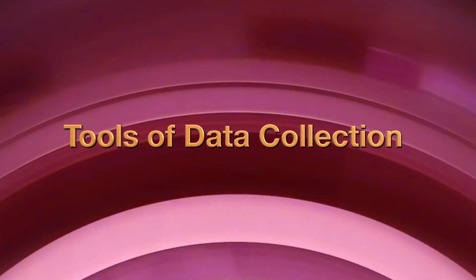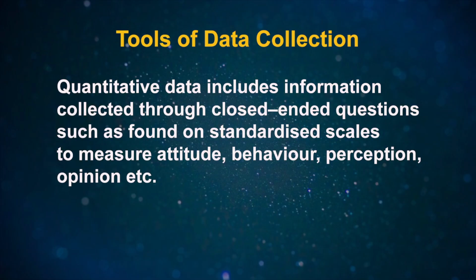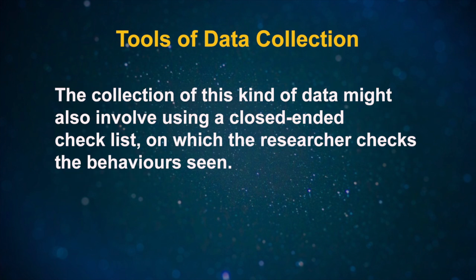Tools for data collection. Quantitative data includes information collected through closed-ended questions such as found on standardized scales to measure attitude, behavior, perception, opinion, etc. The collection of this kind of data might also involve using a closed-ended checklist on which the researcher checks behavior seen.